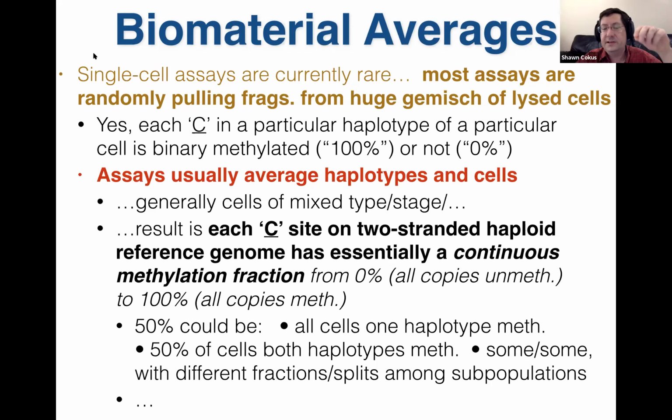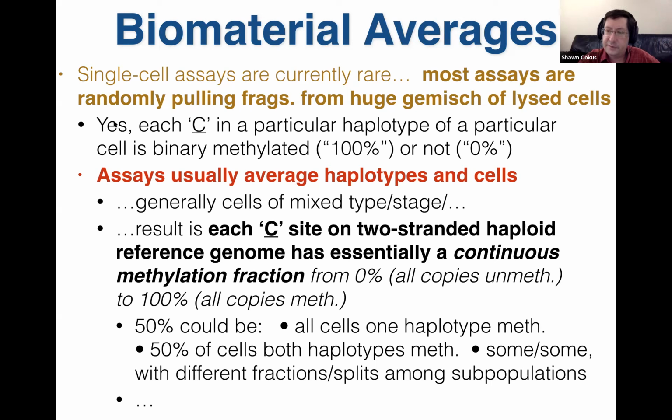And so the result is that each C site on the reference genome, the two-stranded haploid reference genome, has essentially a continuous methylation fraction, anywhere from 0%, where all copies, all haplotypes, all cells in the mixture are unmethylated, to 100%, where all copies are methylated. But the stuff in between could be all kinds of different combinations.